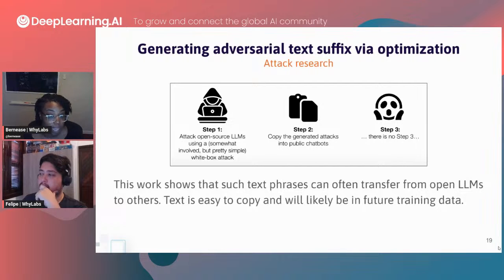Often some other researcher has found these text prompts, and we can copy and paste those text prompts into new attacks, or your users can copy and paste these prompts into their attacks for your system, even if it's on a proprietary LLM. And oftentimes they still work. So this is just another reason that the impact of research trickles down to everyone who's using LLMs.